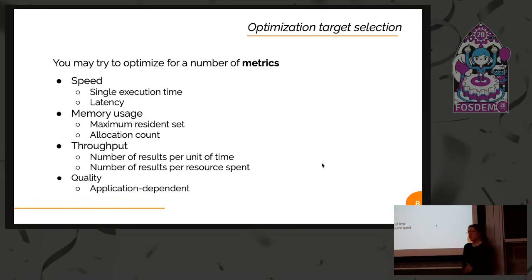The maximum resident set is that amount of memory that your application absolutely needs, so it cannot be swapped around. If you don't have enough, the system is going to kill your application once you try to access the memory, if we are talking about Linux. Other operating systems are more conservative. Your application is not going to run. It's going to get killed as soon as you ask for the memory.